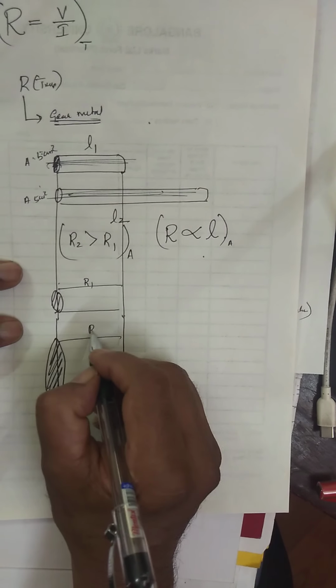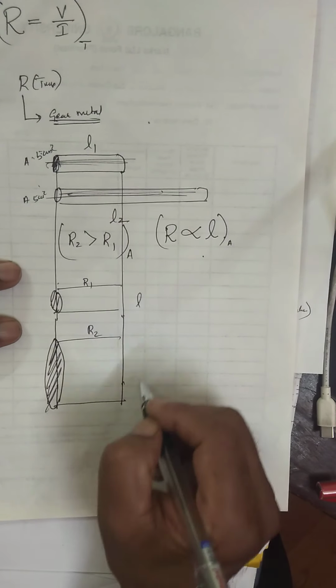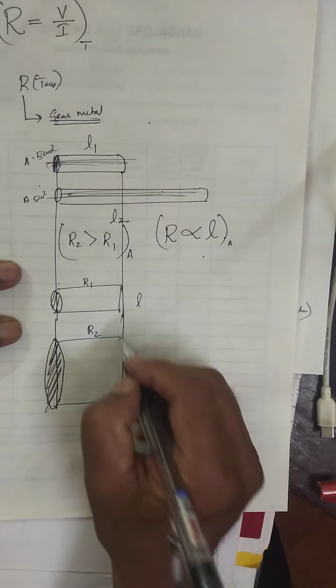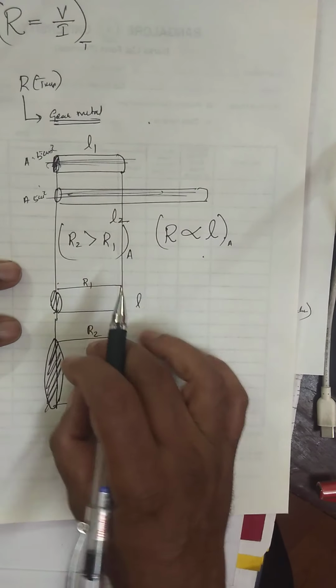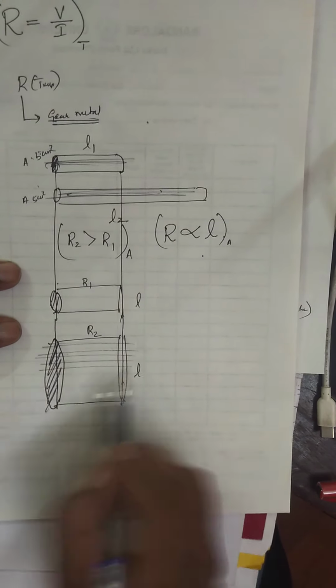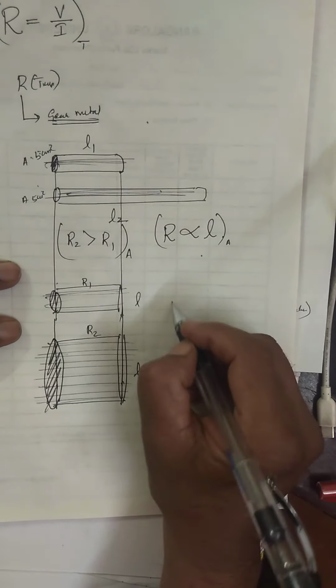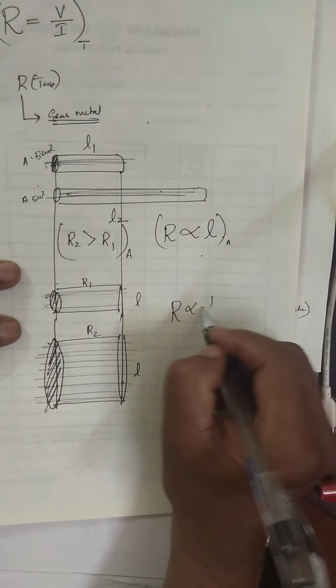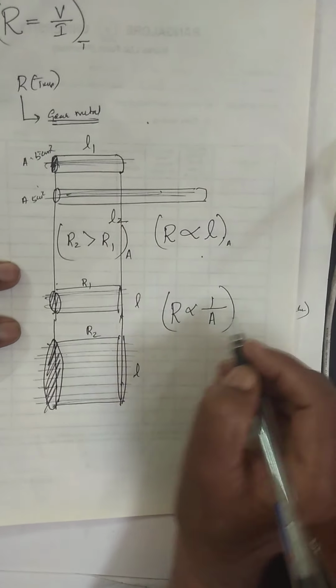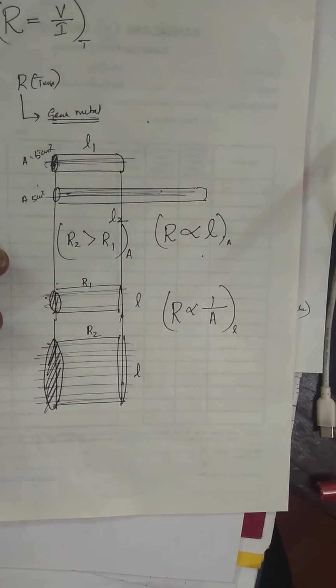Length is the same. But larger the area, a lot of current flows through, no? Here less, it is narrow. Therefore, resistance is inversely proportional to area of cross section, keeping length constant.